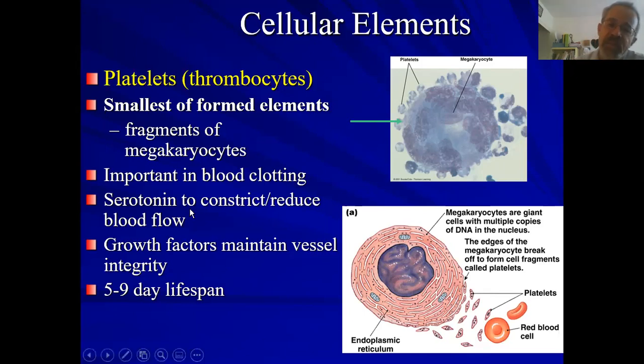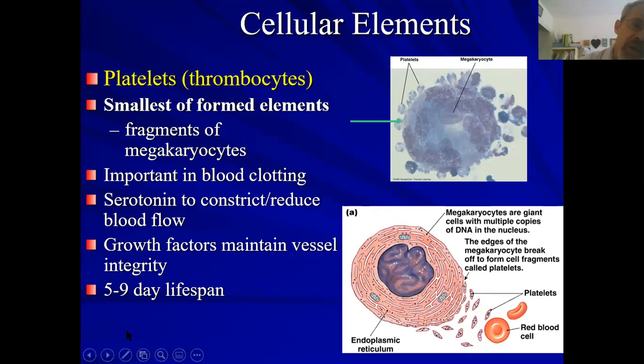They contain some, for example, serotonin, which you've already heard of in the nervous system, but serotonin with platelets is important for constricting blood flow, which also explains its role in treating people who have migraines, as far as regulating, preventing any vasodilation. It also produces a lot of other chemicals that maintain the integrity of a blood vessel, which of course is injured, right? Why do we need blood clotting to occur when a blood vessel is injured?